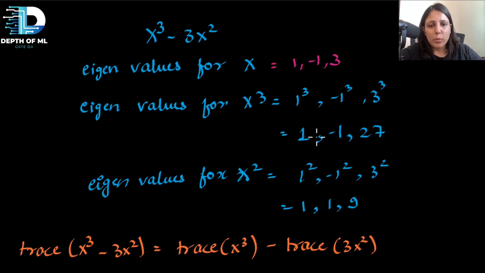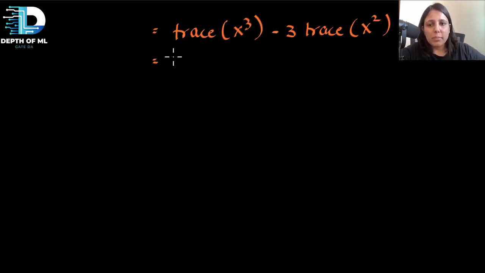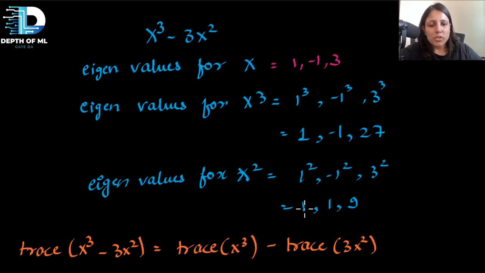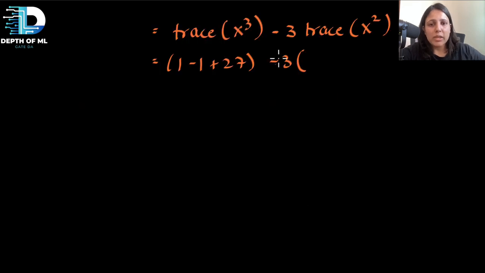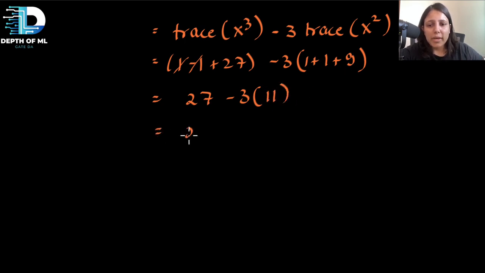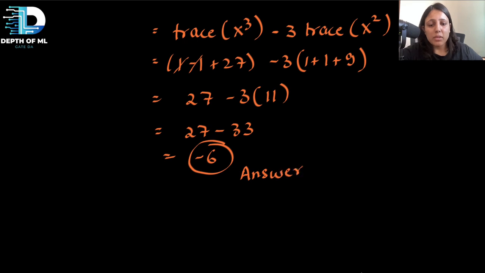The eigenvalues are 1, minus 1, 27, so we'll just sum them up: 1 minus 1 plus 27, minus 3 times trace of x square. Trace of x square is 1, 1 and 9, right? So we'll just add them. 1 plus 9. So this is 27 minus 3 times 11, right? So this is 27 minus 33, which is minus 6 again.